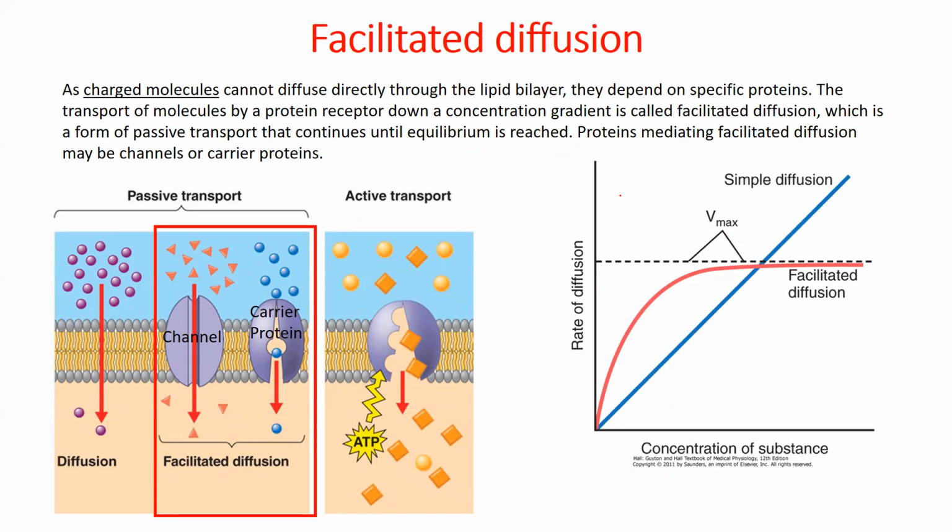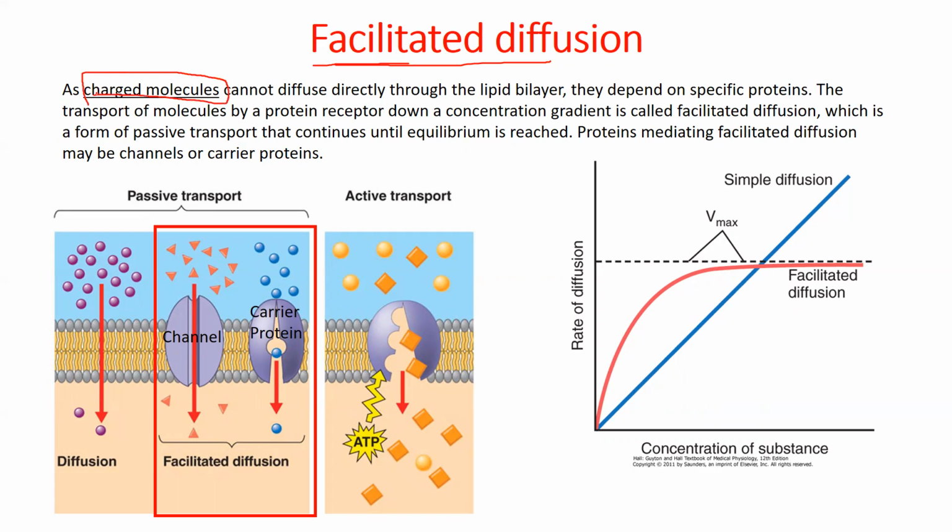diffusion, okay, simple diffusion. The other subtype of passive diffusion is facilitated diffusion, as the name states. It is facilitated, okay, meaning that certain molecules need the help of proteins in order to get transported down their concentration gradients. For example, like ions, sodium, potassium, calcium, these are charged molecules.